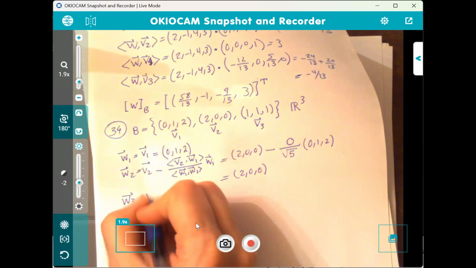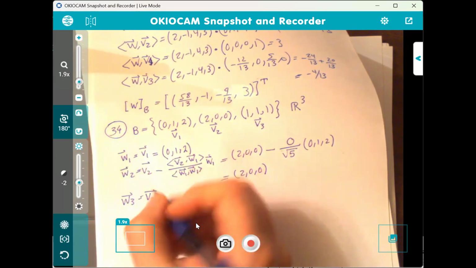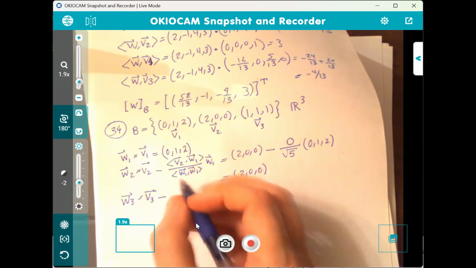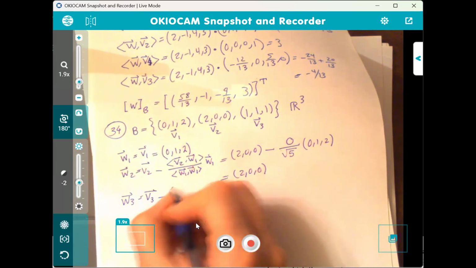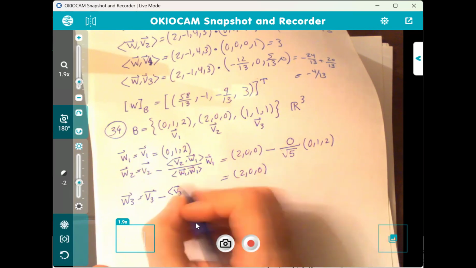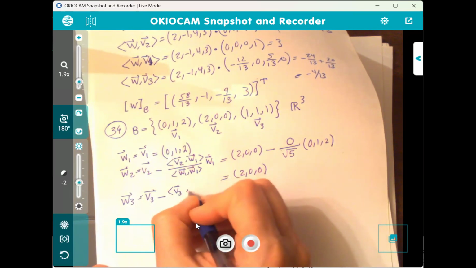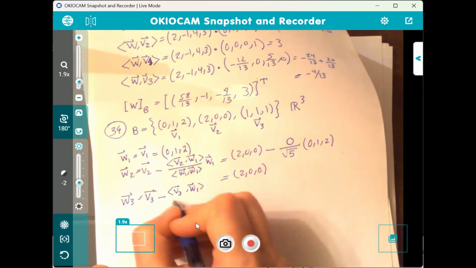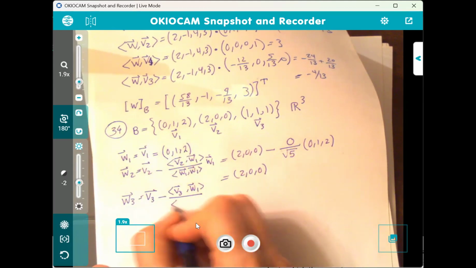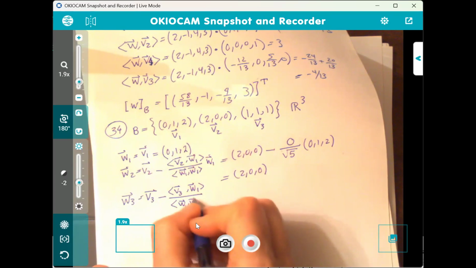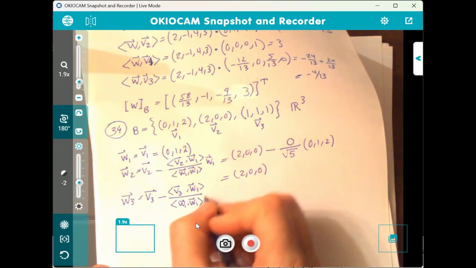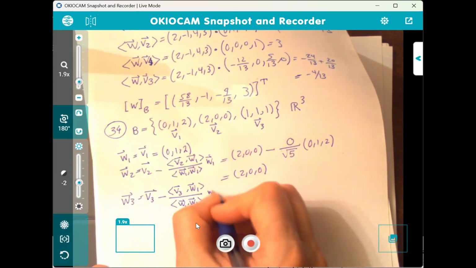What is W3? W3 is V3 minus the other 2. It's going to be minus the inner product of V3 and W1 over the inner product of W1 with itself, times W1. That puts it in the direction of W1.